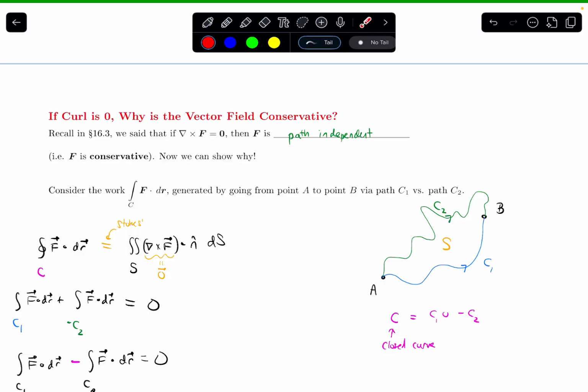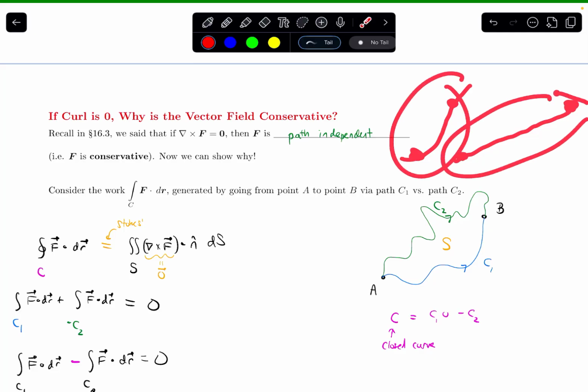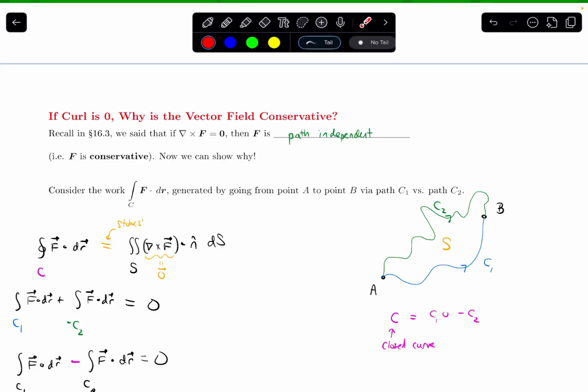I could think of a situation where we're climbing up a hill, and whether it's a very steep hill and I start down here and end up here, or a very gradual hill, if I start at the same altitude and end at the same altitude in the two situations, the work done here versus the work done here would be the same. So it just depends on the starting and the ending point. In other words, the work is telling me the change in my potential energy.